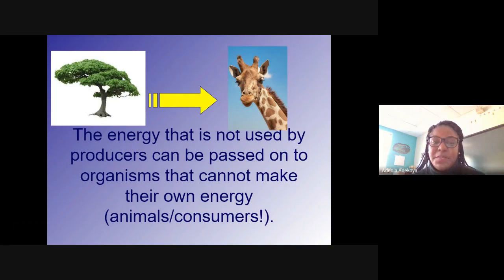So basically, when this plant stores energy, because it's going to use some of that energy to grow, to make more leaves and things like that, whatever energy is stored, whenever a giraffe or an organism eats it, it passes on that stored energy from itself to the next organism.